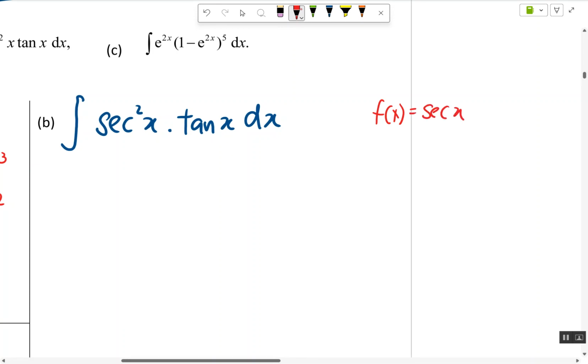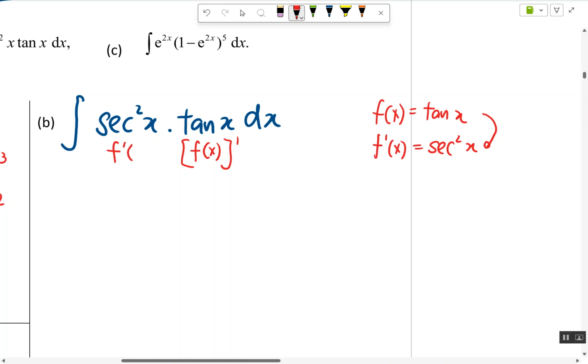But don't be tricked, because which one is easier to differentiate, secant square or tangent? It should be tangent. If my f x is equal to tangent x, what is my f prime x? Secant square x. So we have to relate the differentiation of tangent to secant square. So this is f x to the power of 1.